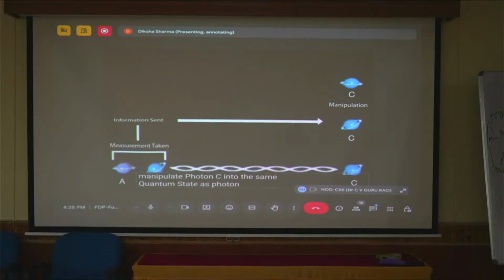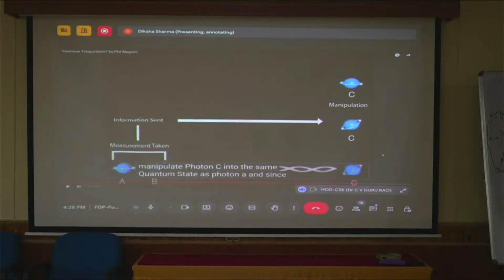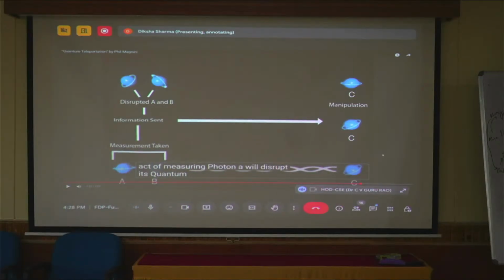He has to do some kind of manipulation on the information, and that manipulation can only be done if Alice shares the measurement output with Bob.